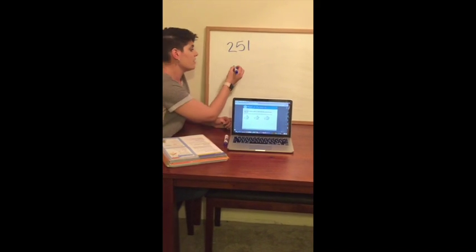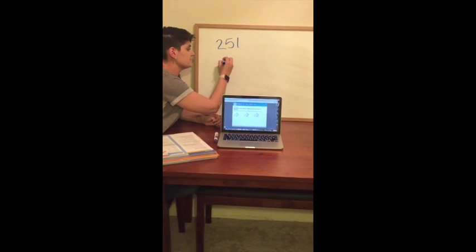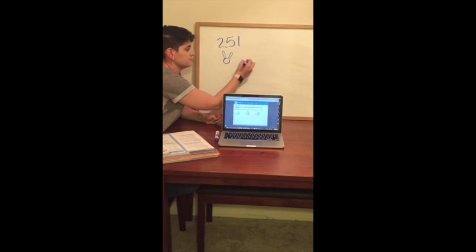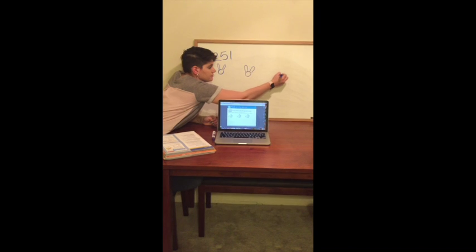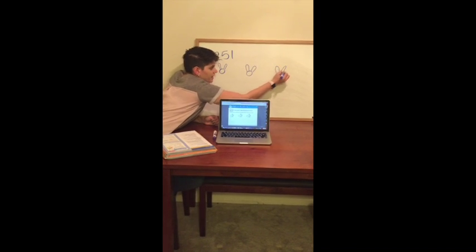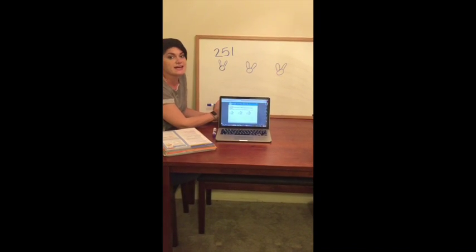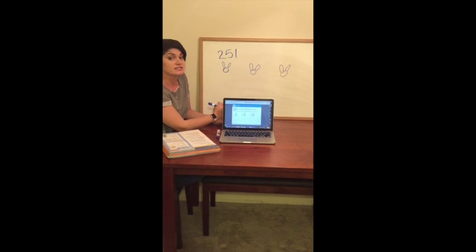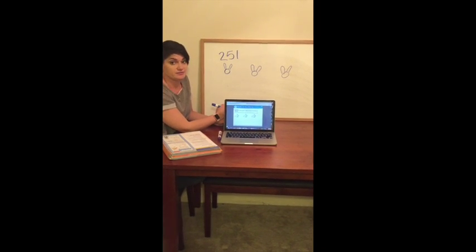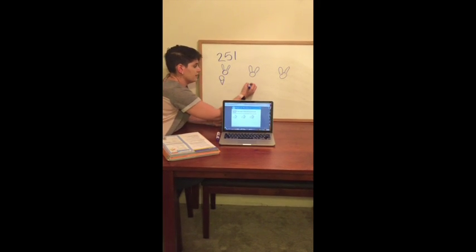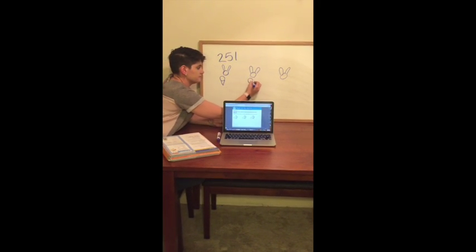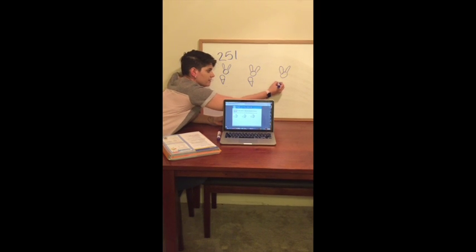To do this, we're going to take his 3 rabbits and we're going to divide the carrots up. Nolan only has 6 carrots, so he can't get any more, which means that he's going to give this rabbit 1 carrot, this rabbit 1 carrot, and this rabbit 1 carrot.